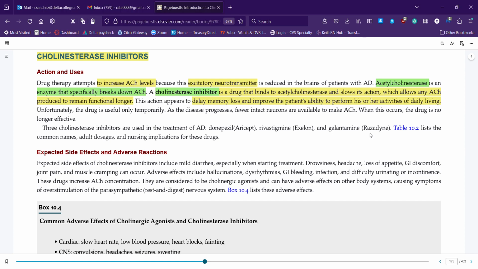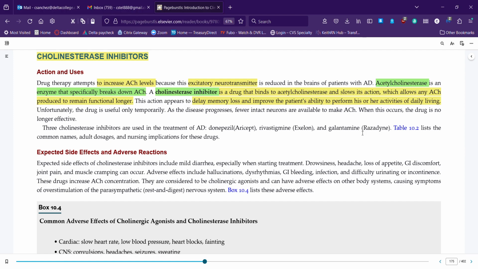Then we have our last one, which is our brand name, Razadyne.